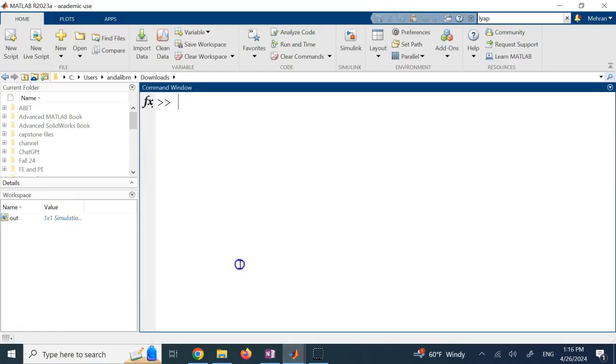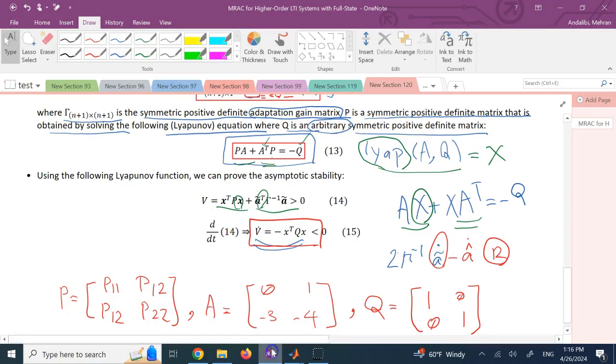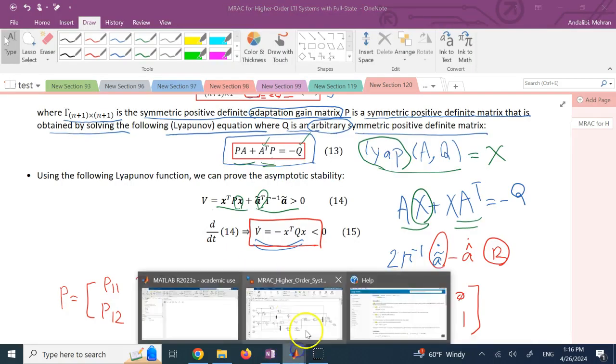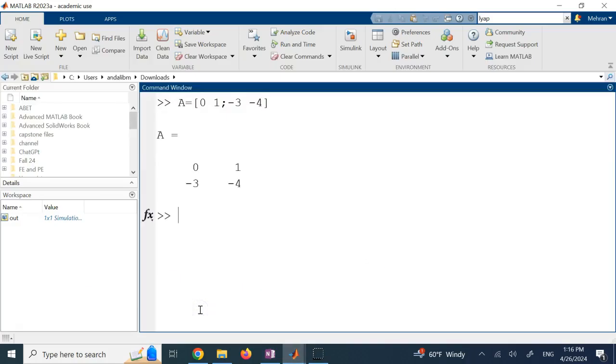So here, say A equals 0 and 1, then negative 3 and negative 4, as we said. And then we go for P, so we say syms P11, P12, P22. Then define P to be the matrix of these.